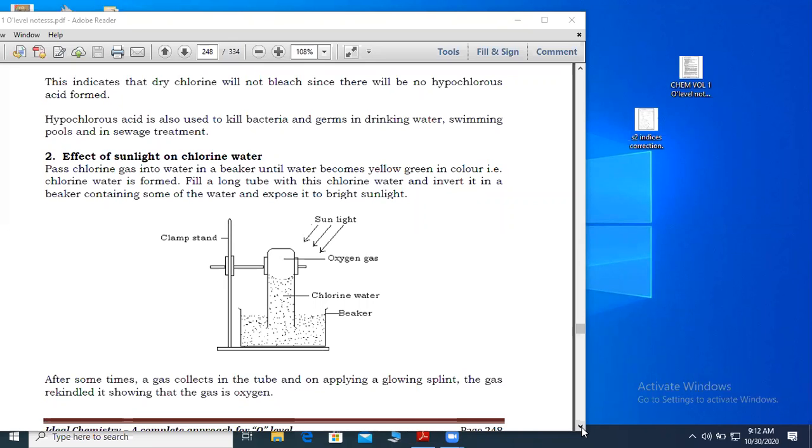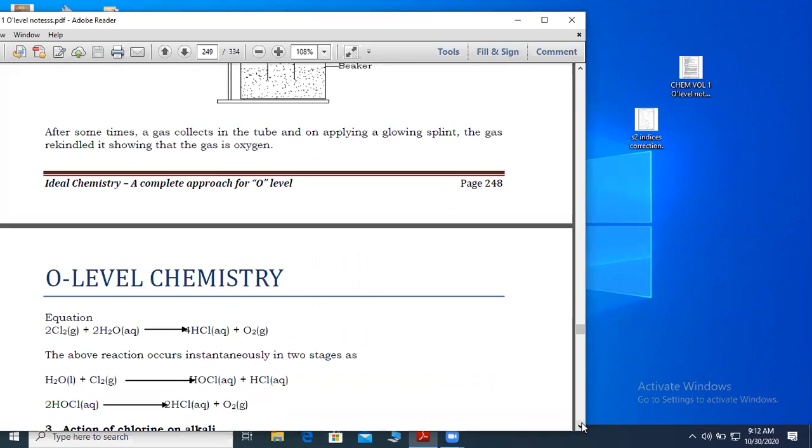So someone can say chlorine reacts with water to form hypochlorous acid and hydrochloric acid, and you write the equation. I hope you are answering. We are explaining our observation, which is bubbles of a colorless gas.